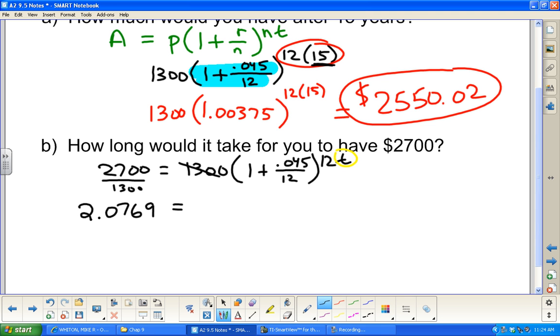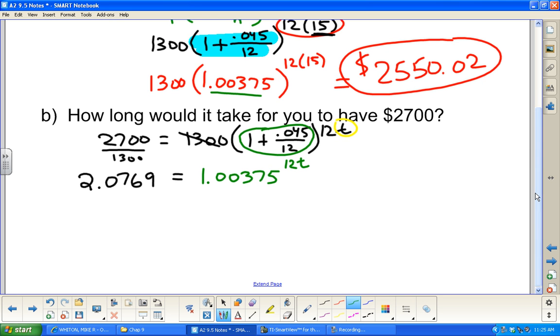And let's do a little more simplifying. We did this in the previous problem. That was the 1.00375, and now it's to the 12t power. So we have that equation there. Now we got everything taken care of except our variable is still in the exponent, but we got rid of everything that was not part of the base.